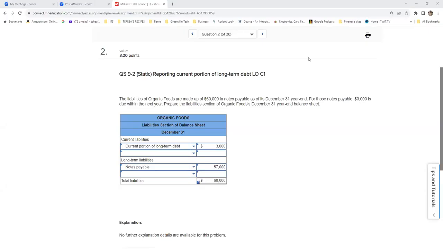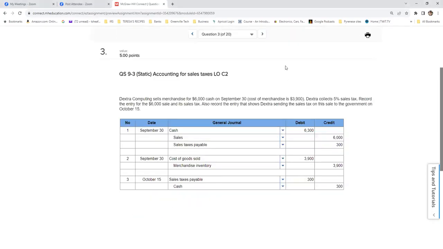Okay, we're back again. Moving on to question number 3. Here we're going to have to account for sales taxes and journal entries. The first thing we're going to do is record the sale itself. Extra Computing sells merchandise for $6,000, with a cost of merchandise of $3,900, and the sales tax is 5%. You'll multiply the $6,000 times 1.05 to get the gross, and that gross in cash is $6,300.